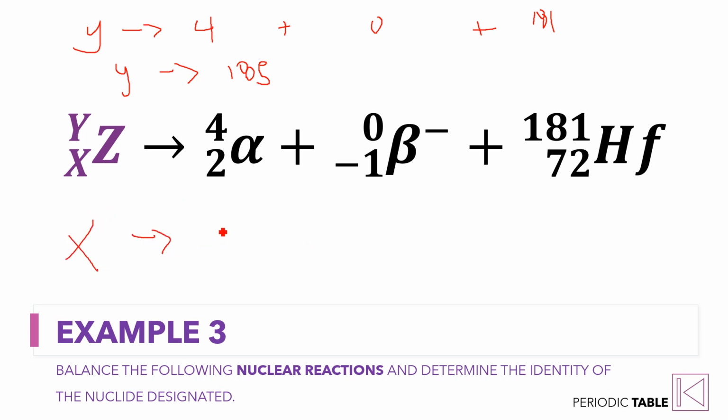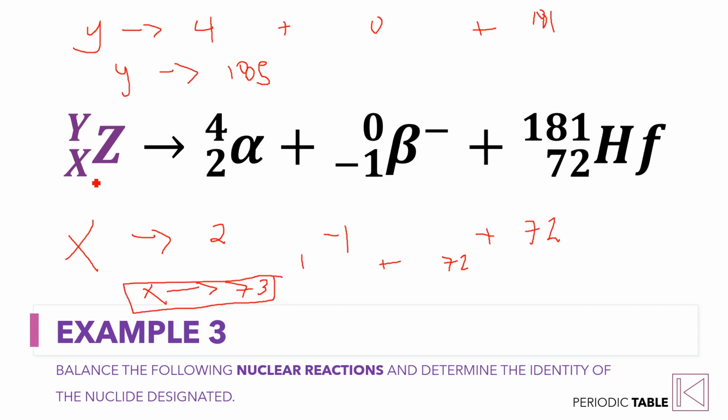Next is x. So that's 2 minus 1 plus 72. So 2 minus 1 is 1, plus 72. So the x is 73. So this one is 73. So what we are looking for is 185, 73. So let's consult the periodic table.